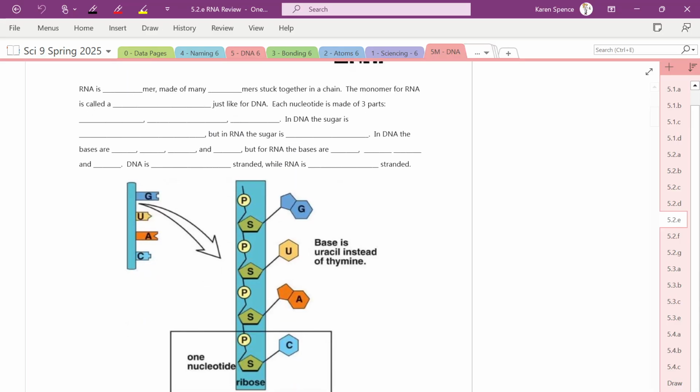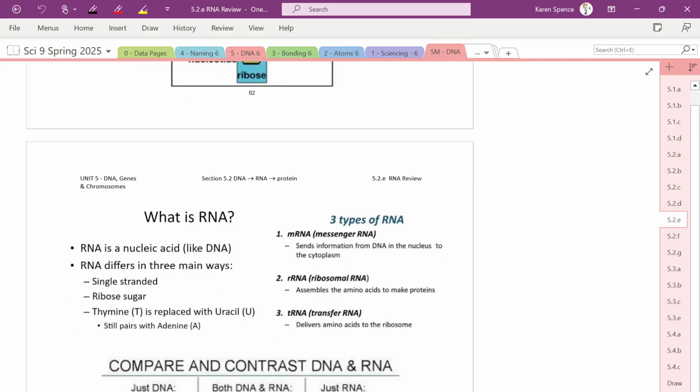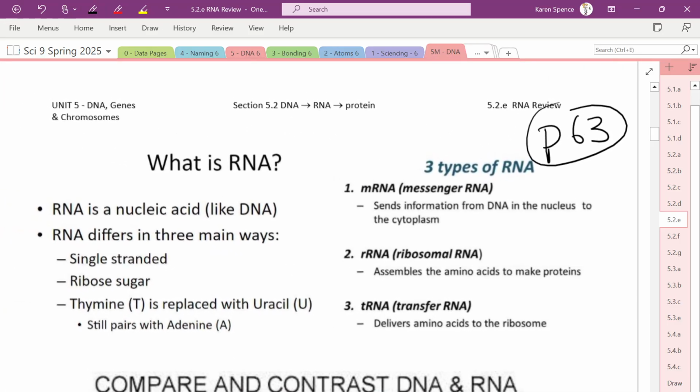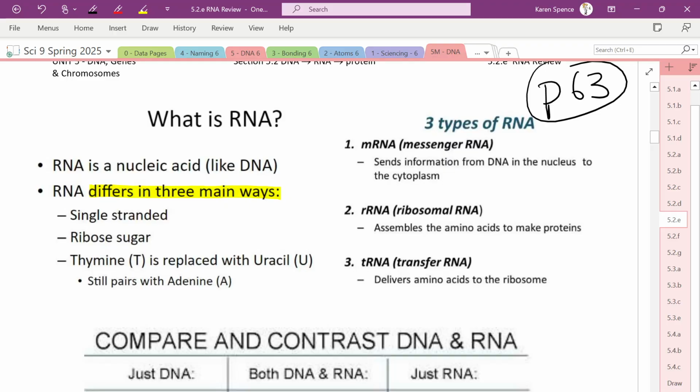Okay. So actually we'll start on page 63. So RNA is different from DNA in three main ways. RNA is single-stranded, whereas DNA is double-stranded.